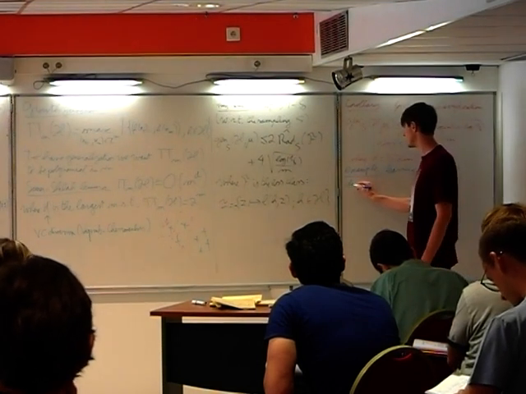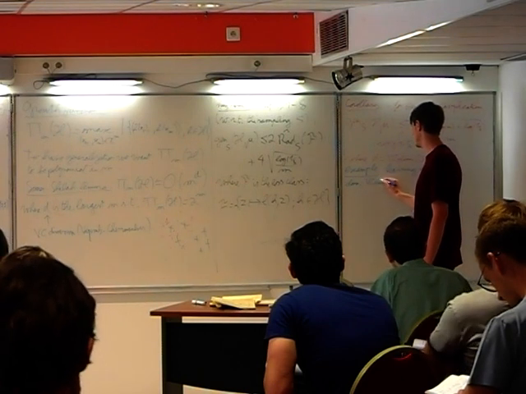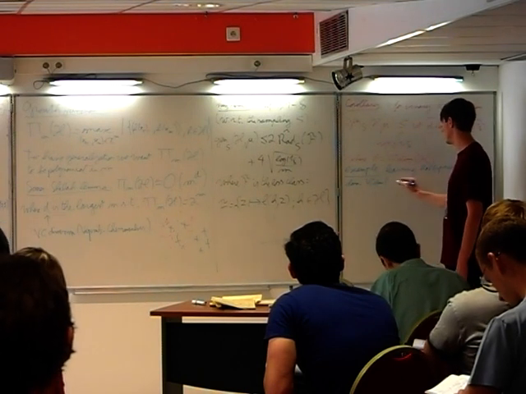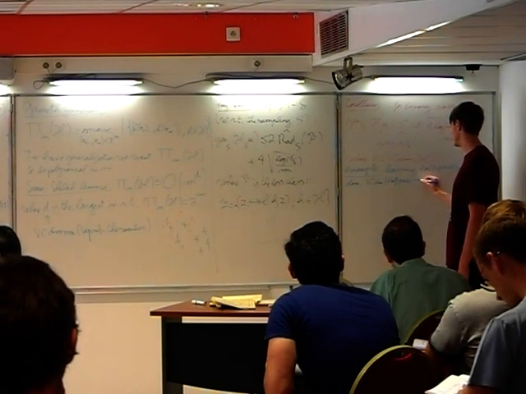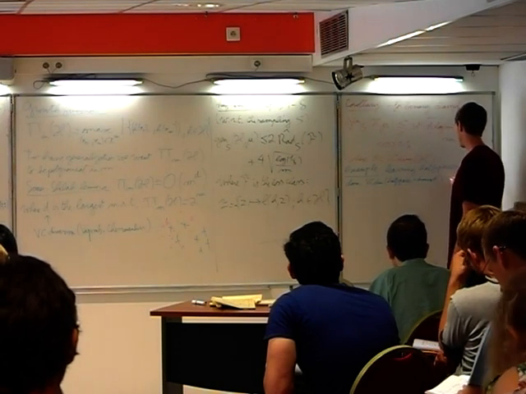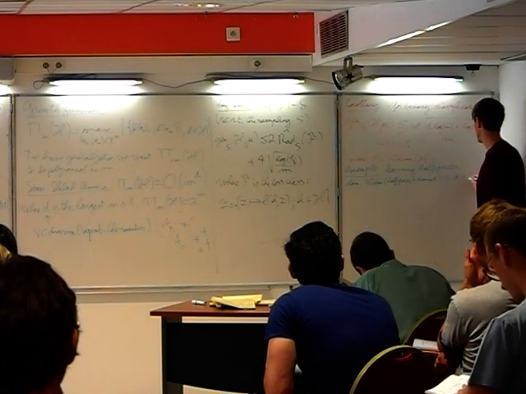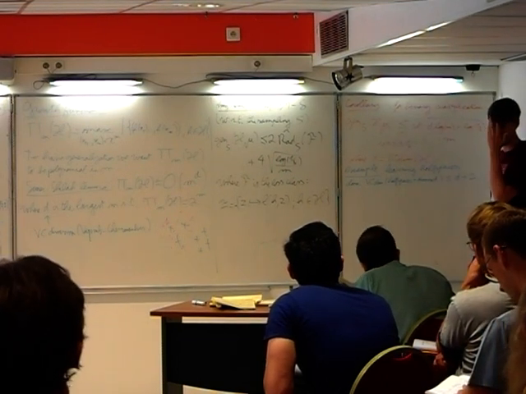The claim: the VC dimension of half spaces in dimension D is upper bounded by D. In fact, it's equal to D, but you only need an upper bound.